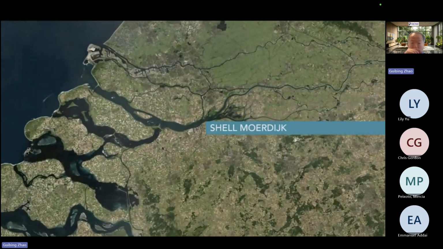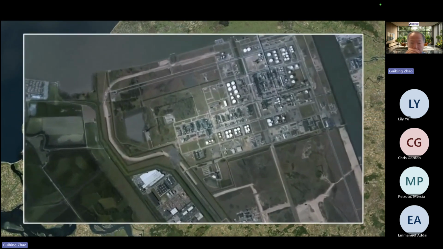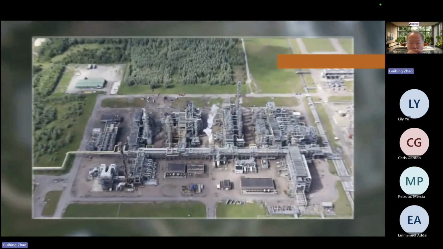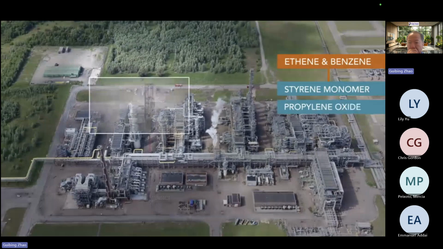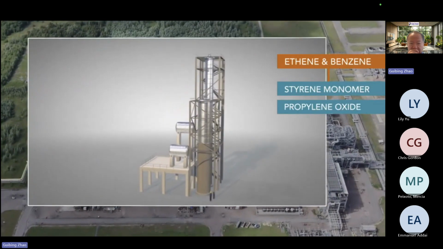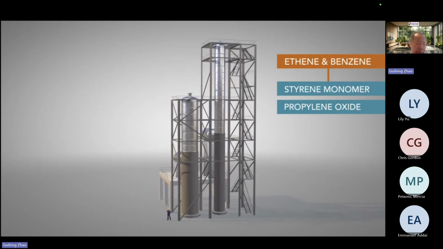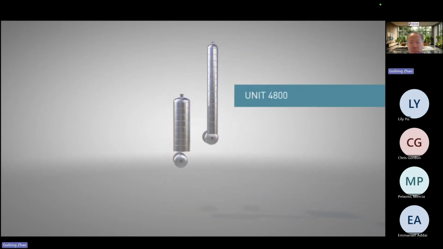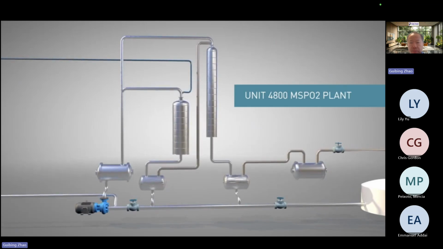At the plant in Moerdijk, Shell produces chemicals from oil and gas. In this installation, ethane and benzene are used to produce styrene monomer and propylene oxide. These products are used in styrofoam, food, cosmetics, and pharmaceuticals. In May 2014, this part of the MSPO2 plant was closed for scheduled maintenance.